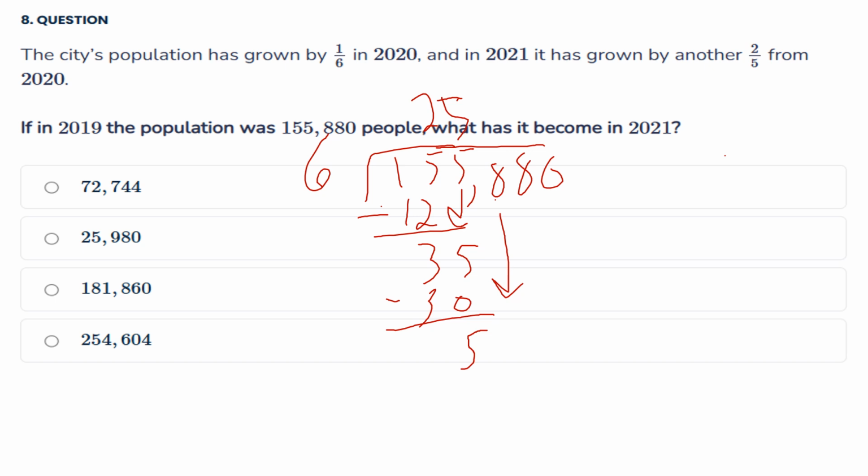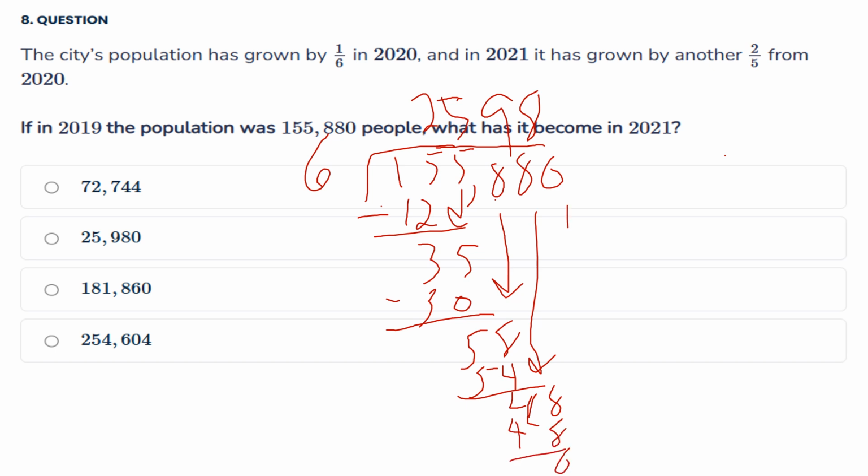We bring the 8 down. 6 can go into 58 9 times. 9 times 6 is 54. Bring that down. That gives us 48. 6 can go into 48 8 times. And 6 times 8 is 48. That gives us 0. We bring that 0 down. And 6 can go into 0 0 times.